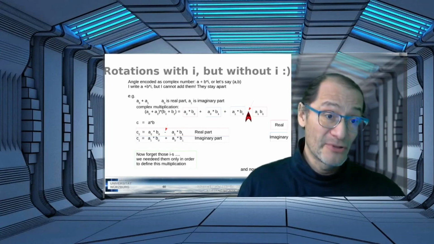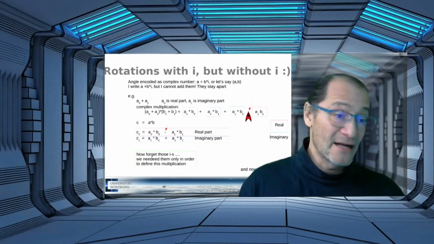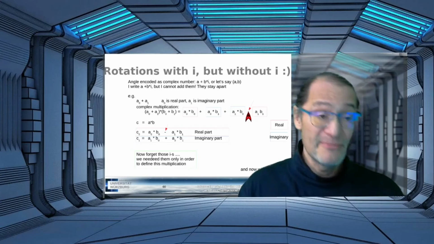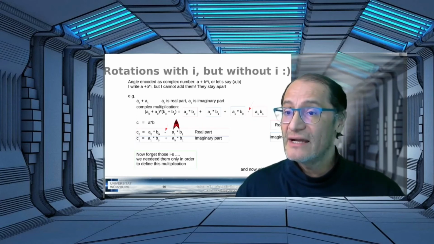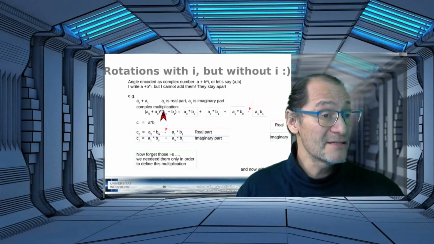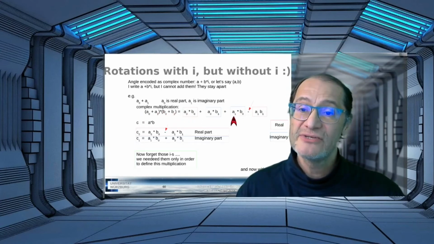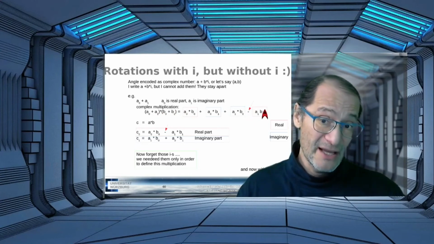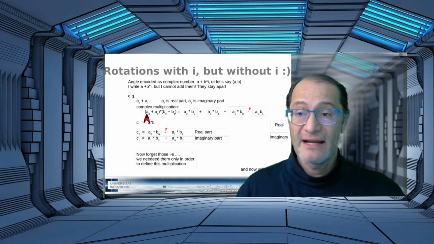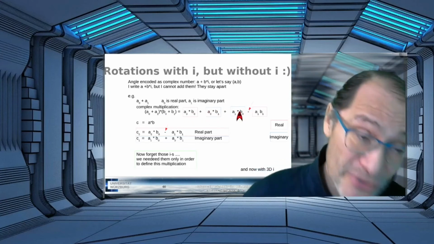And then we have to differentiate. Some of these terms are real numbers and some of them are imaginary numbers. If you take a look, multiplying two real numbers, you get a real number. Multiplying two imaginary numbers, you get minus a real number. Multiplying a real with an imaginary, you get an imaginary, and another imaginary. So this is what we are going to use later.